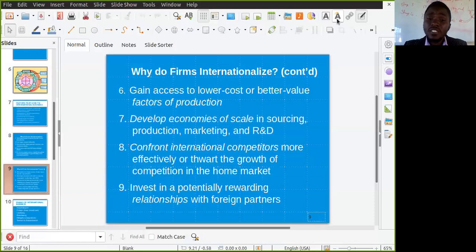It will continue operating on the same price, but it will relocate by establishing itself in another country or in another location where it will be able to provide the same products. It can be at the same price, because those locations have got less competition or no competition at all.